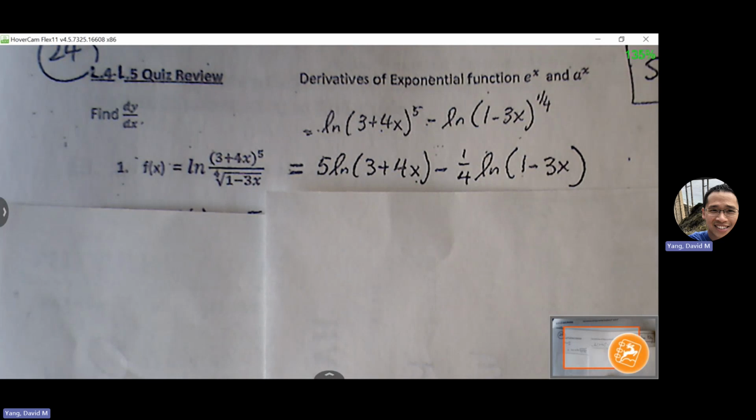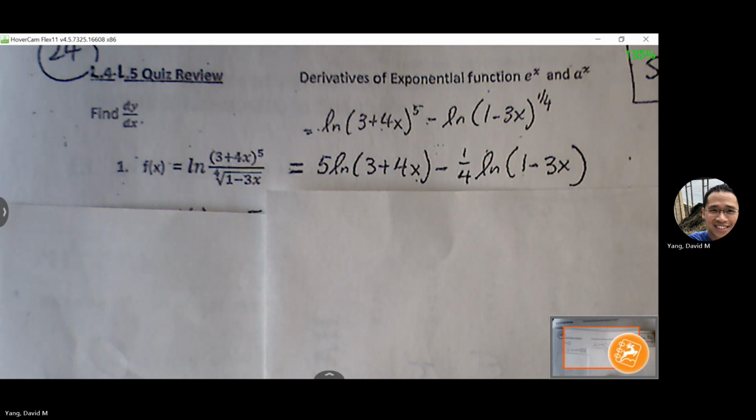So now the derivative should feel a lot more manageable, which is a simple u prime over u. No calculus yet, but now the calculus should feel easier.